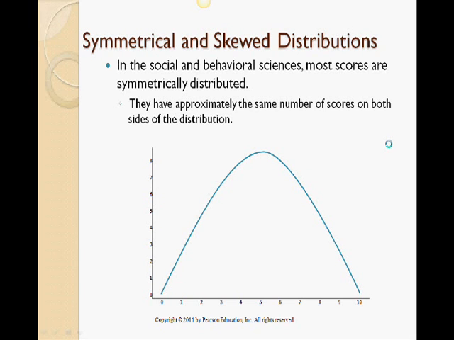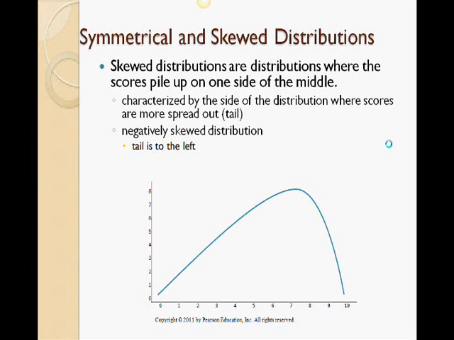Now this is something important, because I can guarantee you this is definitely going to be on the exam. How you recognize the type of skewed distribution is based on the tail, which is this low end here. So this is what's considered a negatively skewed distribution. The tail is here to the left, but the majority of the scores are up here to the right.